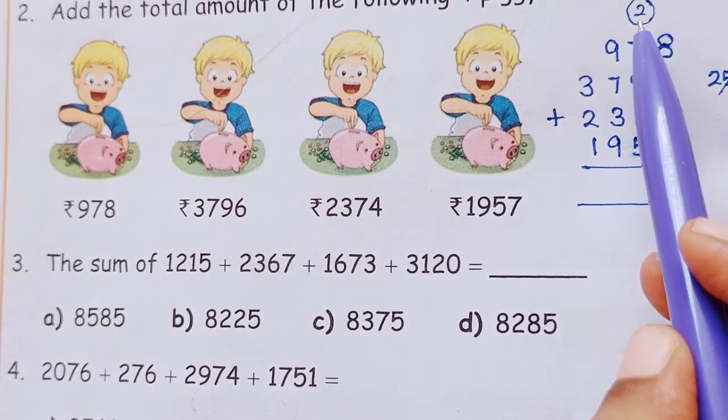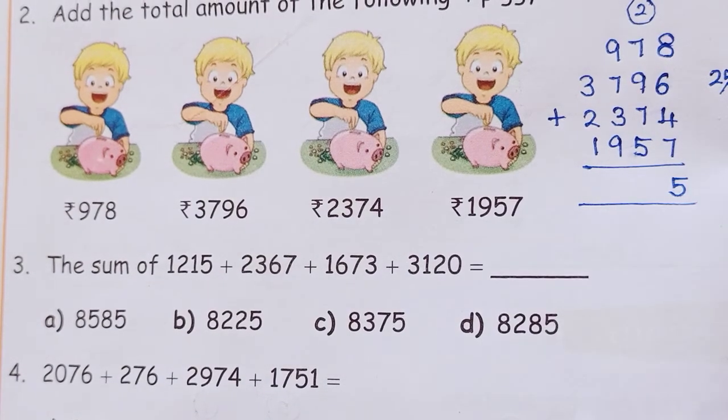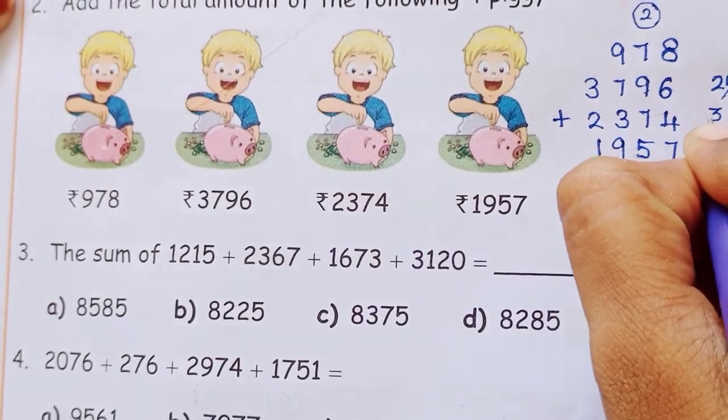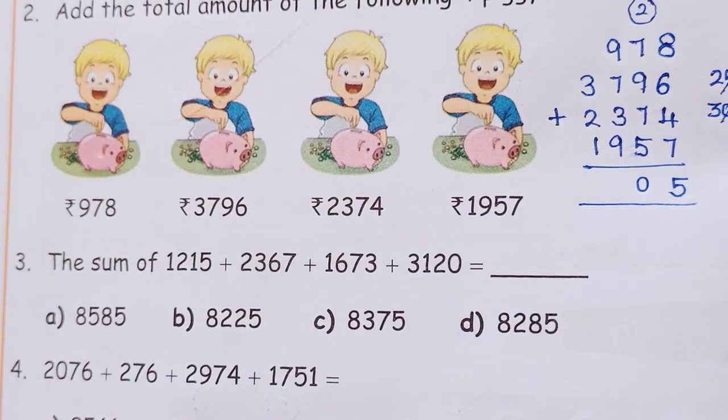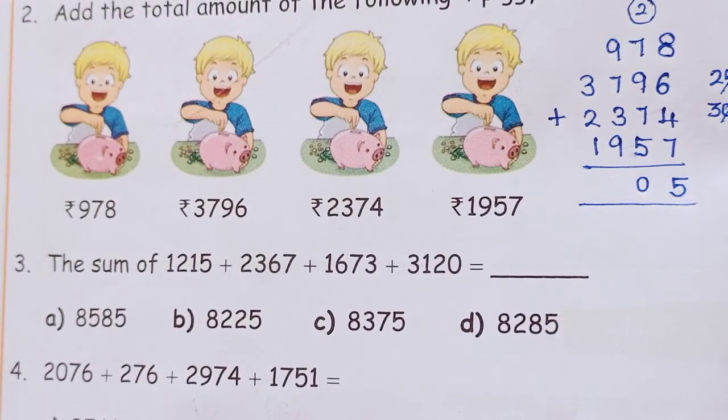But here another 2 is here. 28 plus 2, 30. Right, cut 0 right under the tens column.